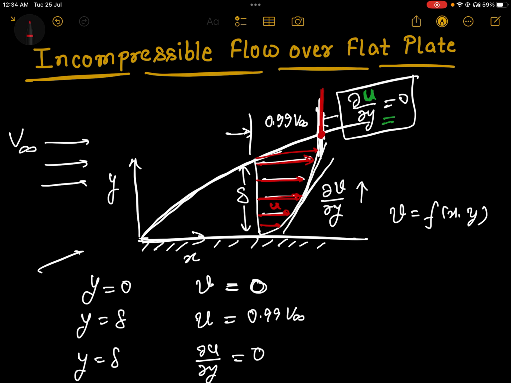That's how we have defined the boundary layer thickness, the thickness at which the shear stresses are neglected. It means that there is no relative motion between the layers. All the layers will flow in the same direction, with V infinity. It means that the gradient of the horizontal component of velocity above this point will be zero. That's why we have written that del u by del y is equal to zero.